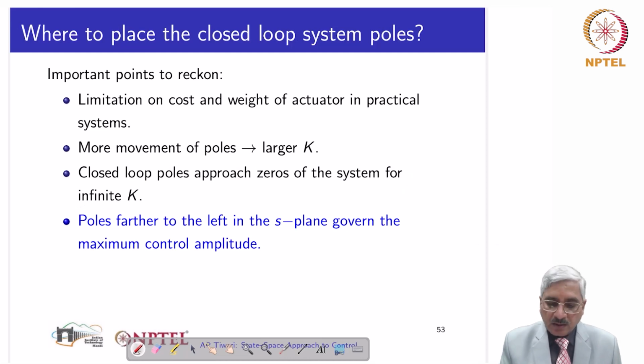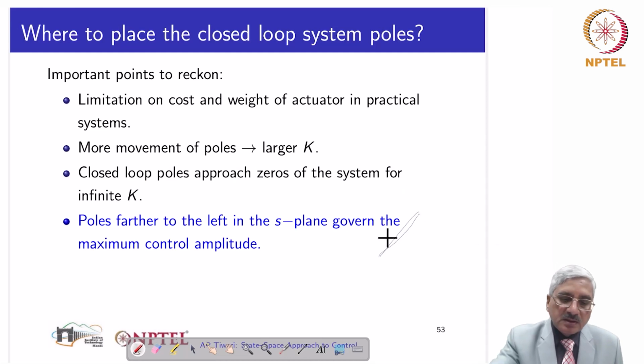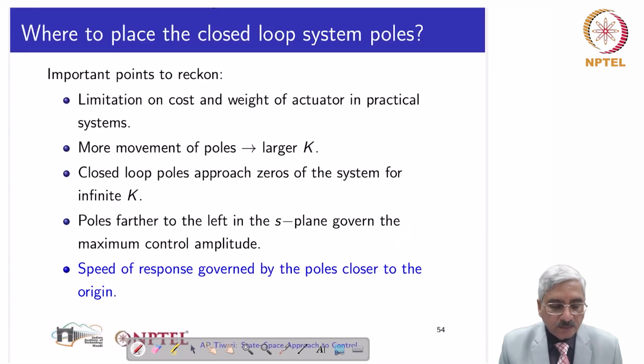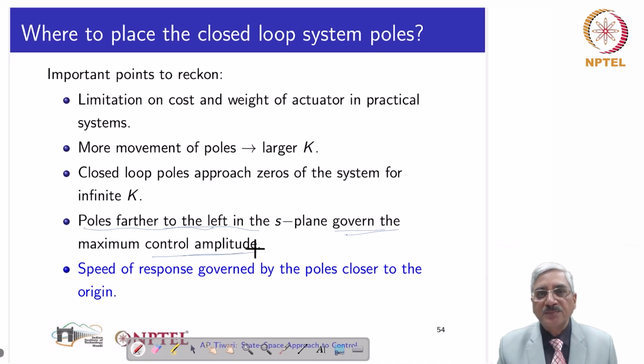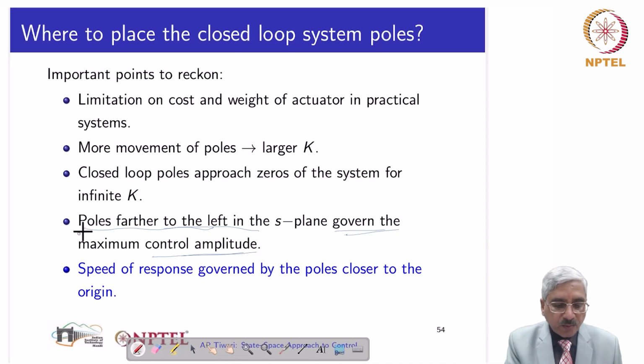Then this comes from transient response considerations, and also the next point: the poles which are farther to the left in the S-plane govern the control amplitude. How much the control will achieve its maximum amplitude is governed by the poles which are much away to the left. This is the S-plane.